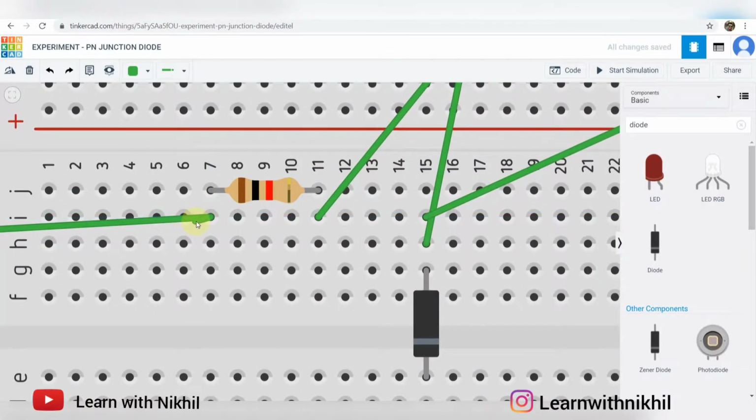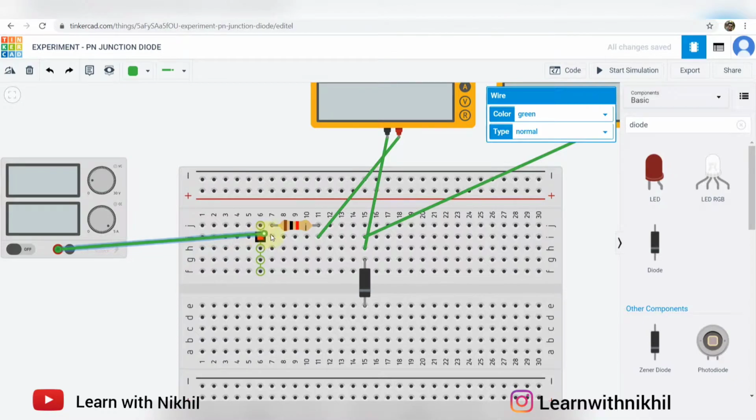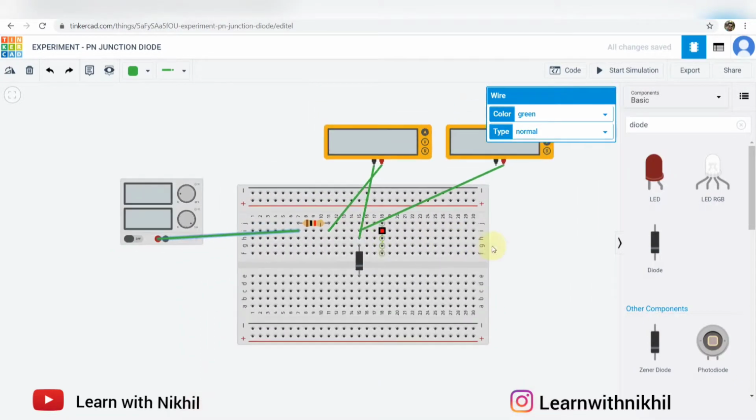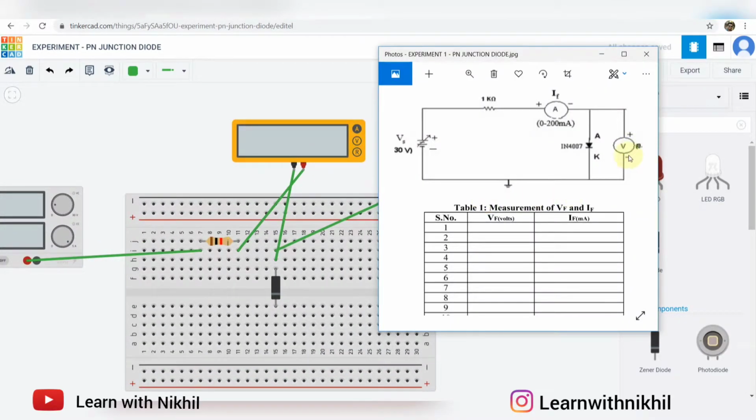So as you can see, the connection. If you do the connection like on the other side, it will not work. You have to do it below the point.